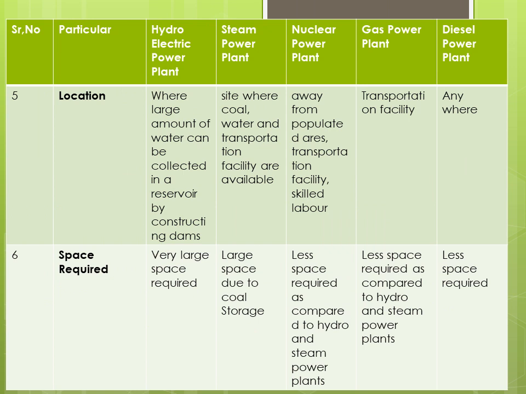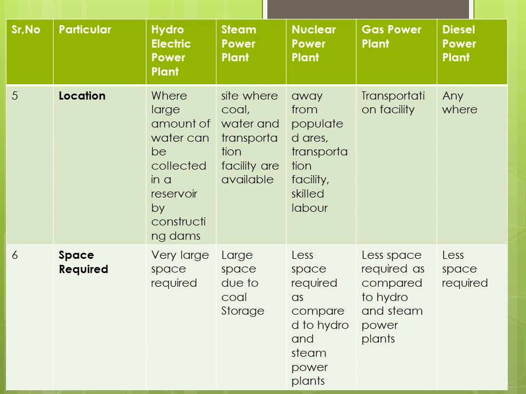Next is the location of these plants. Hydroelectric power plants are located where a large amount of water can be collected in a reservoir by constructing dams. Steam power plants are located where coal, water and transportation facility are available.